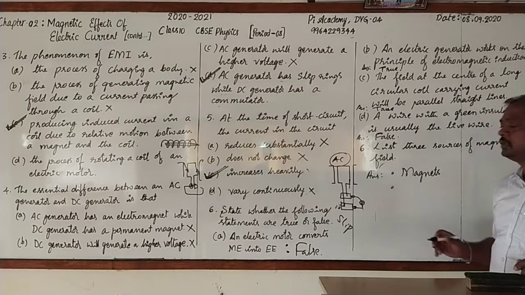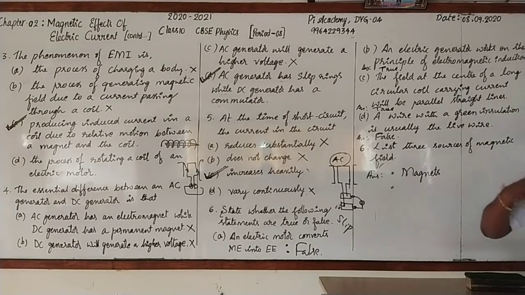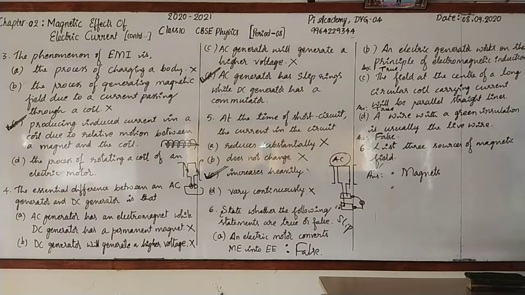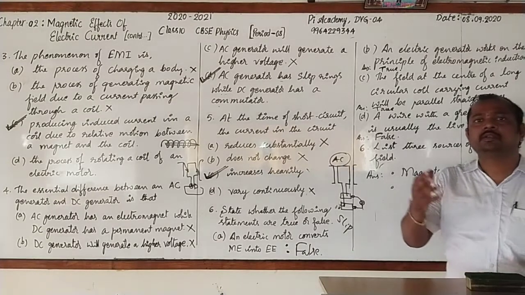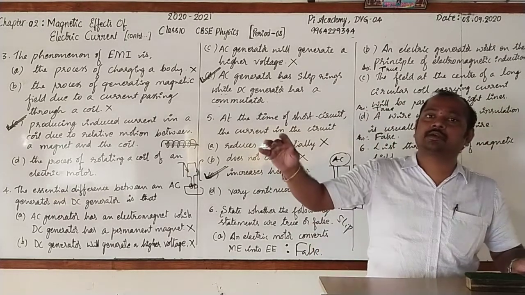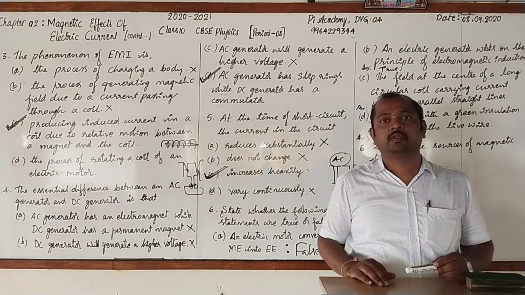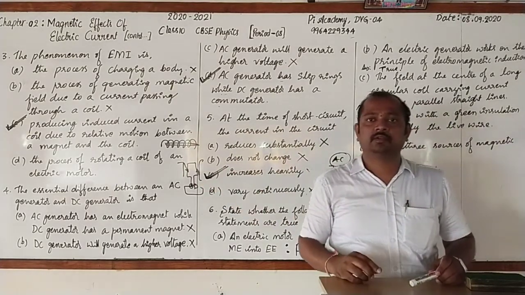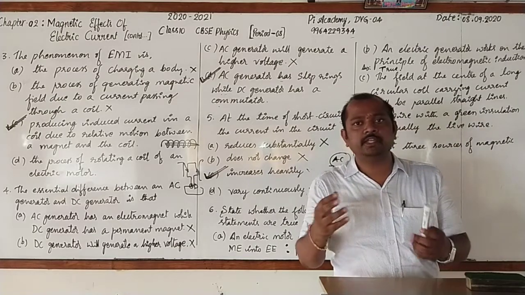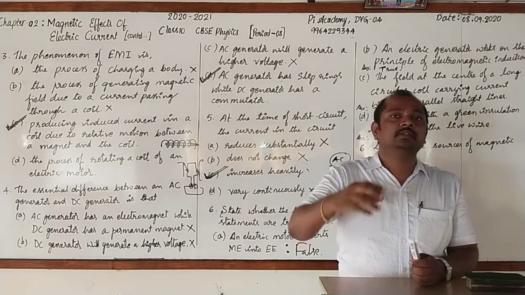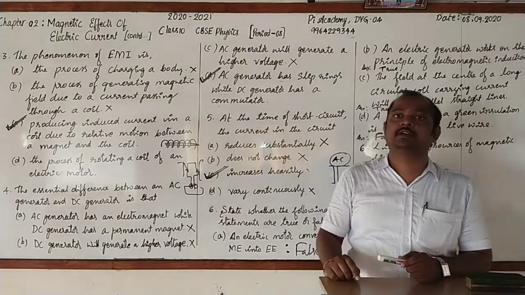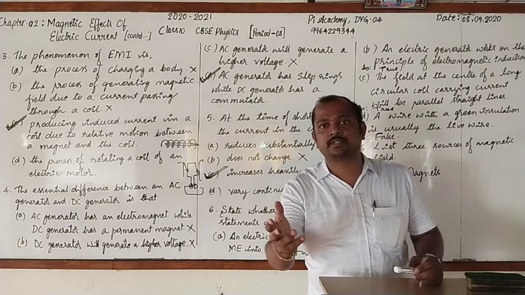Next, the magnetic field will be present around all the magnets. Next, one more source. Take a conductor in which the current is flowing and bring a magnetic compass nearby that. Do you find any change in the needle? Yes, there will be deflection in the needle. What is the reason for this?